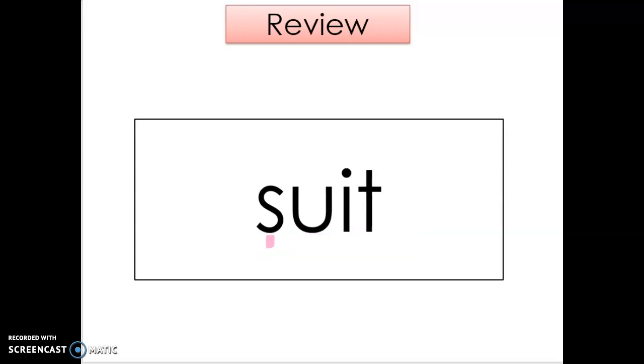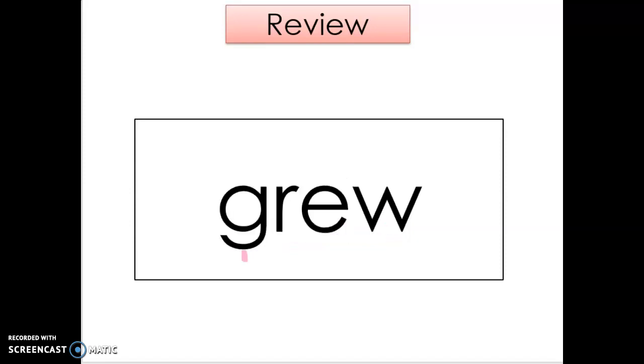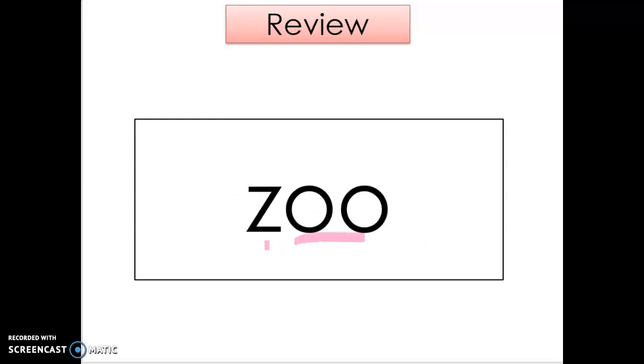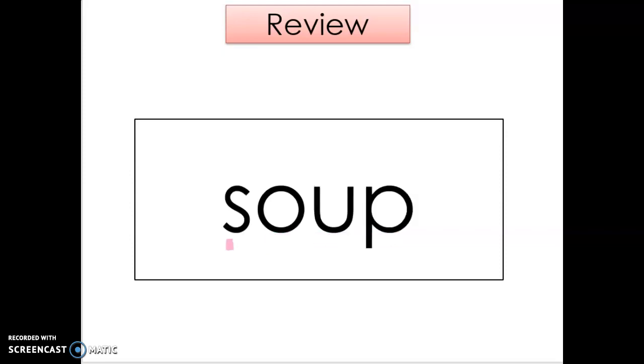Here we have oot, suit. What's the word? G, ooh. What's the word? Z, ooh. What's the word? Ooh.